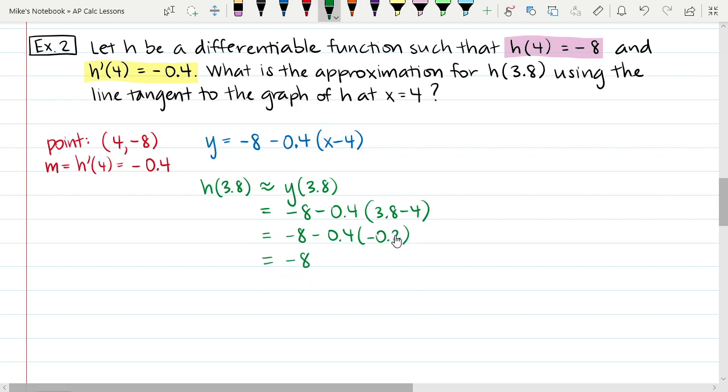I have negative 8, so negative 0.4 times negative 0.2 is going to be a positive 0.08. And negative 8 plus 0.08 is going to give me negative 7.92. So that is our approximation for h of 3.8 using this particular tangent line.